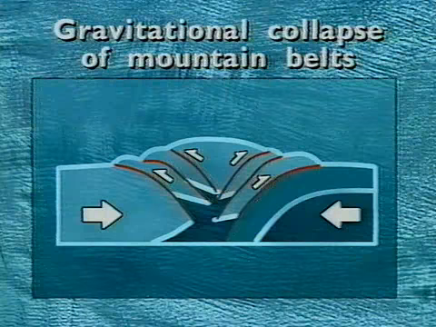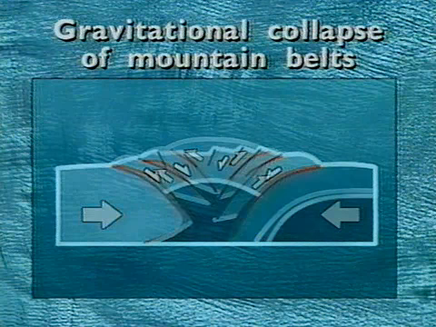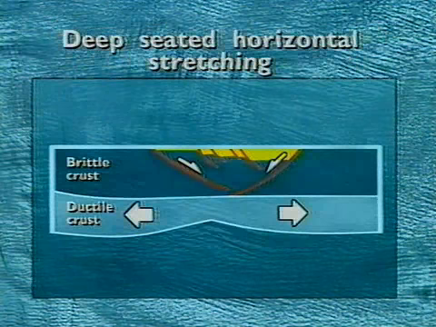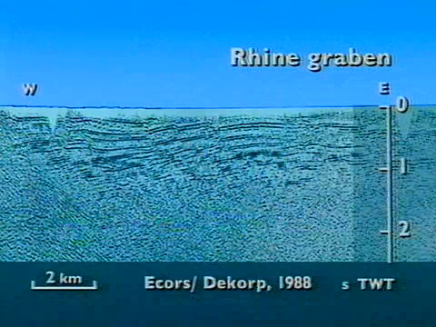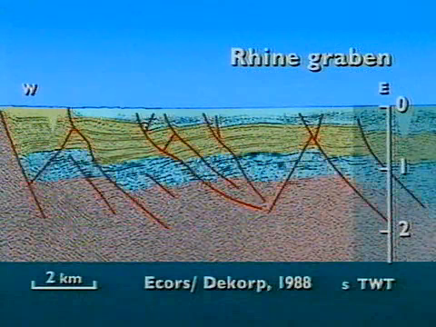On a much larger scale, extension may be produced by gravitational collapse of mountain belts when compressional forces vanish, as in the Basin and Range province. Extension of the brittle upper crust may be produced when divergent forces occur deep within the upper mantle. This is the mechanism generally invoked to explain the development of continental rifts like the Rhine-Graben.